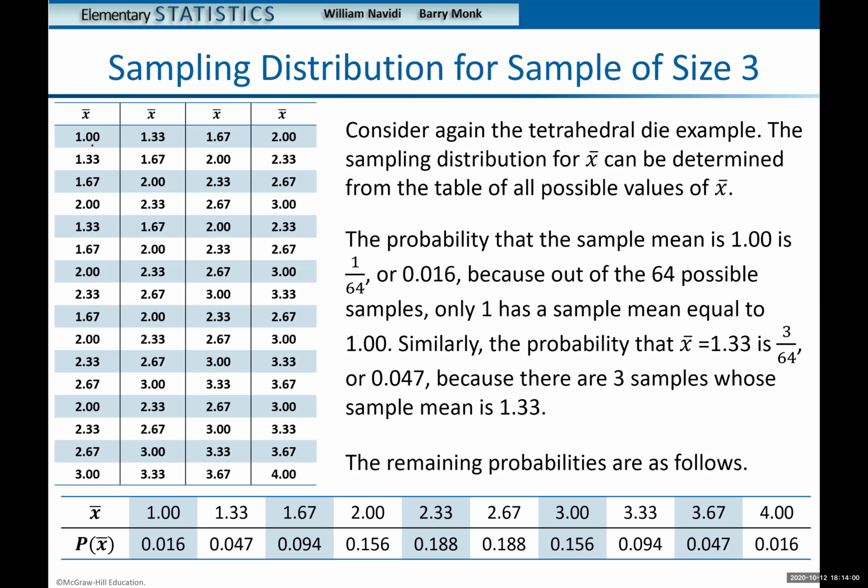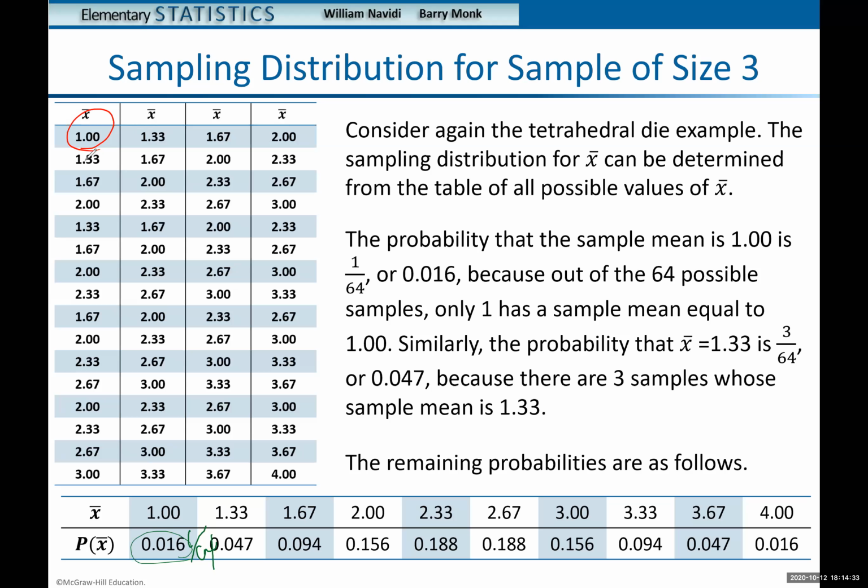So let's say a 1.0, how many 1.0 do we have here? There's only one, so that's why we have it here, 1 out of 64, which is 0.016.